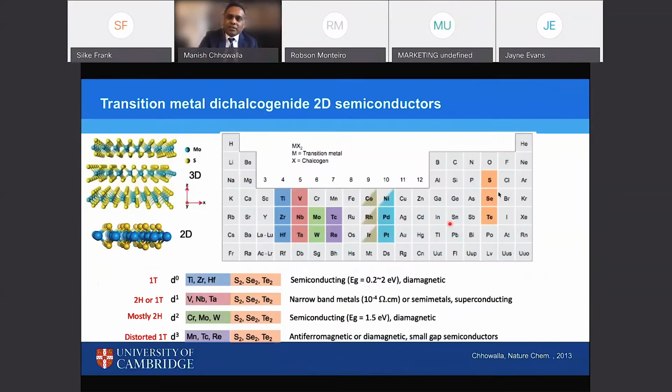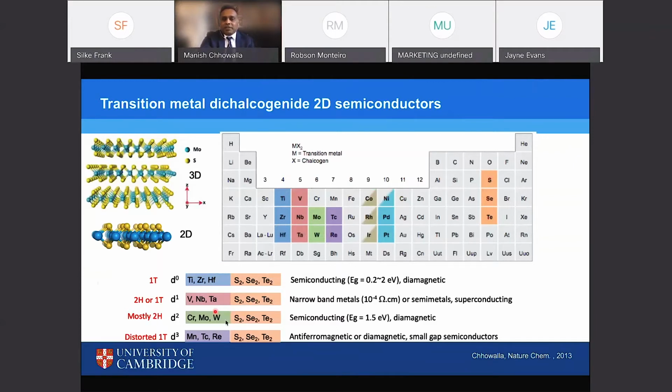Niobium disulfide belongs to a family of materials called the transition metal dichalcogenides, shown here. TMDs have a generalized formula of MX2, where M is a transition metal, any metal from group 4 to group 10, and the chalcogens are sulfur, selenium, and tellurium atoms.